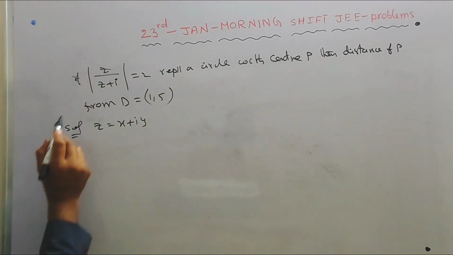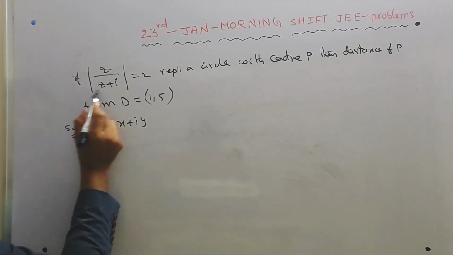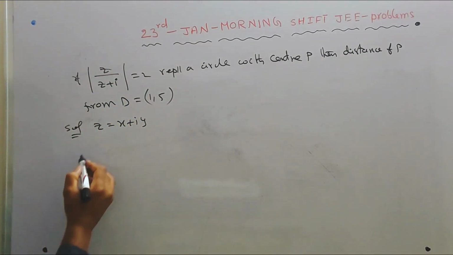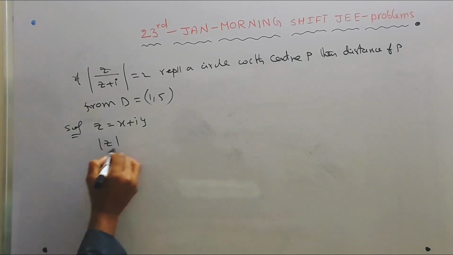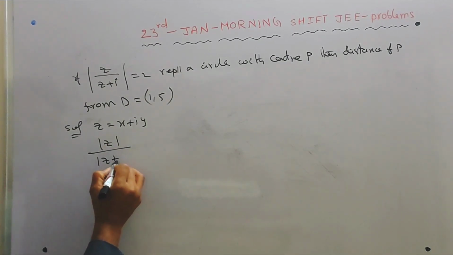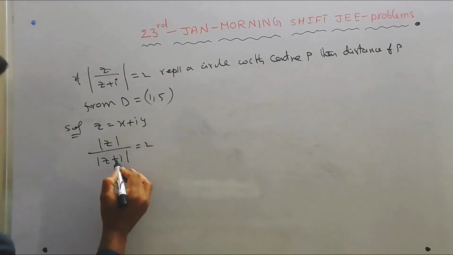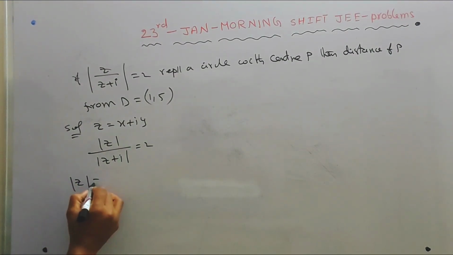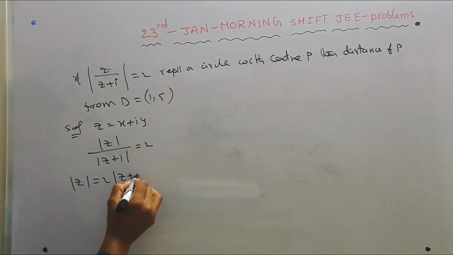Then the condition is given. Divide the mod for numerator complex number, denominator complex number, so that you will get mod z by mod of z plus i is equal to 2. Do cross multiplication, so that you will get mod z is equal to 2 times mod of z plus i.